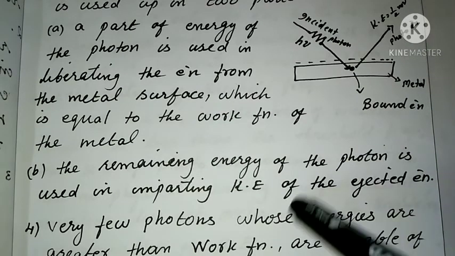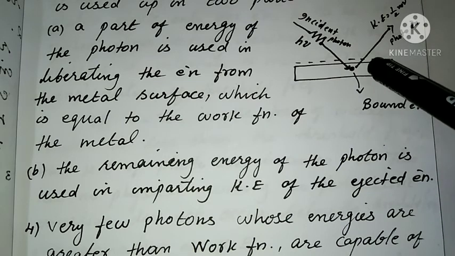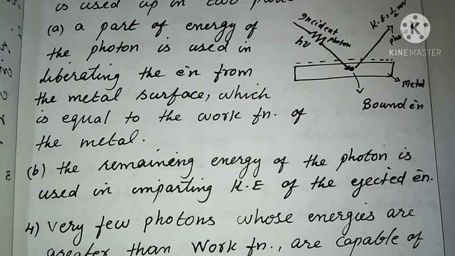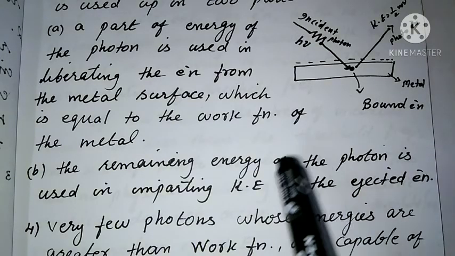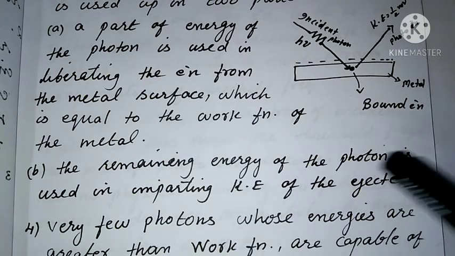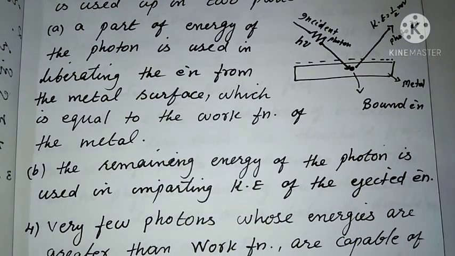Then the remaining energy of the photon is used in imparting kinetic energy to the ejected electron. So each photon has an energy h nu. A part of the energy is used as the work function of the metal, and the remaining energy is used in the form of kinetic energy of the ejected electron.